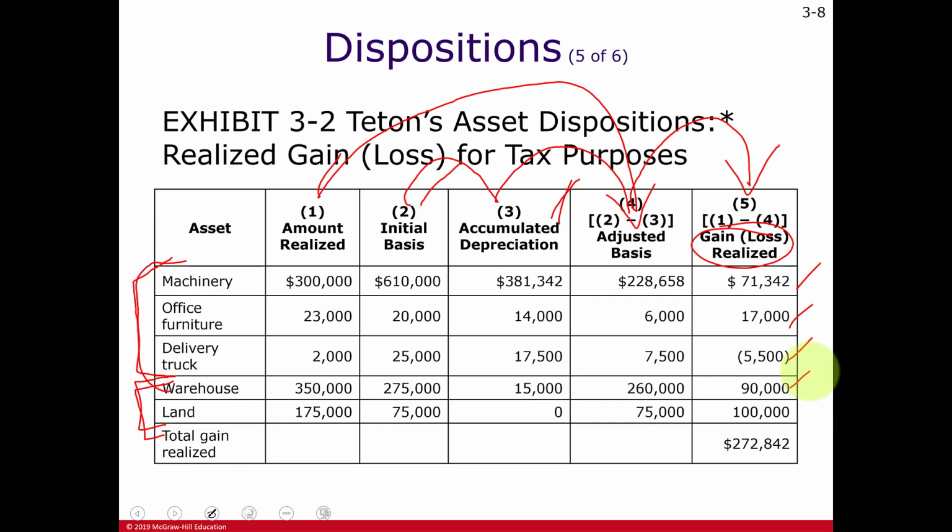Losses could be recognized or unrecognized. The losses could be deductible now, or limited to a certain dollar amount and carried over to future years, or maybe even carried back to a previous year. So that's the complex part of this chapter, which we'll see in the next slideshow, or 2 slideshows from now.